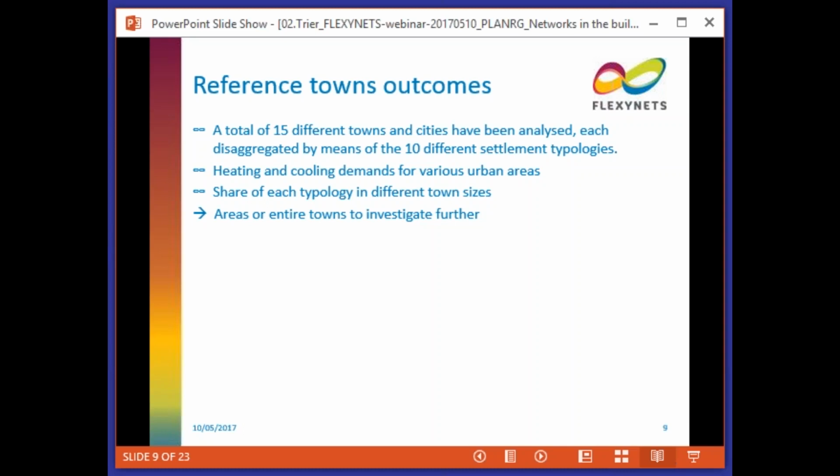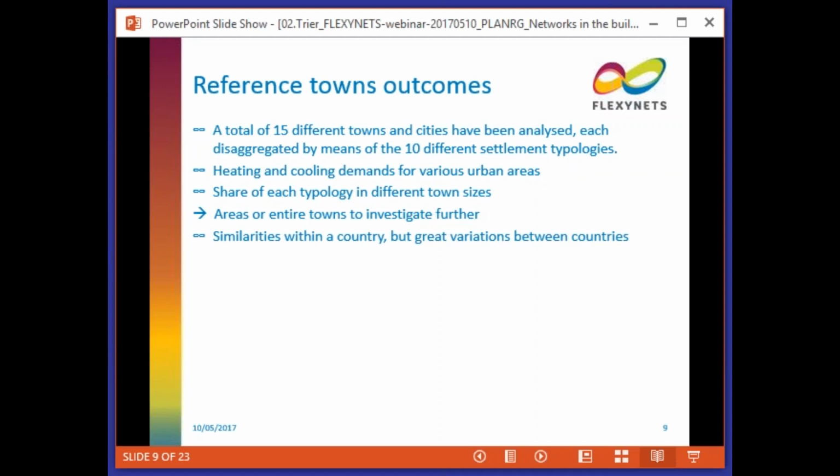And this gives us then either entire towns to investigate further to analyze the FLEXYNETS concept for, or parts of the towns. As mentioned, we could choose specific typologies to investigate.